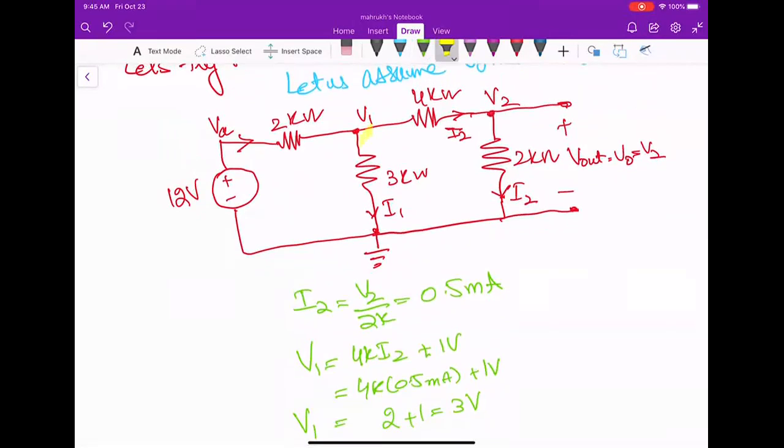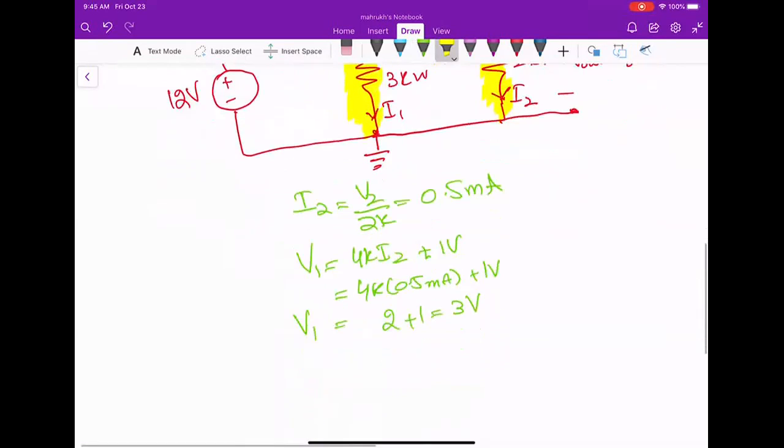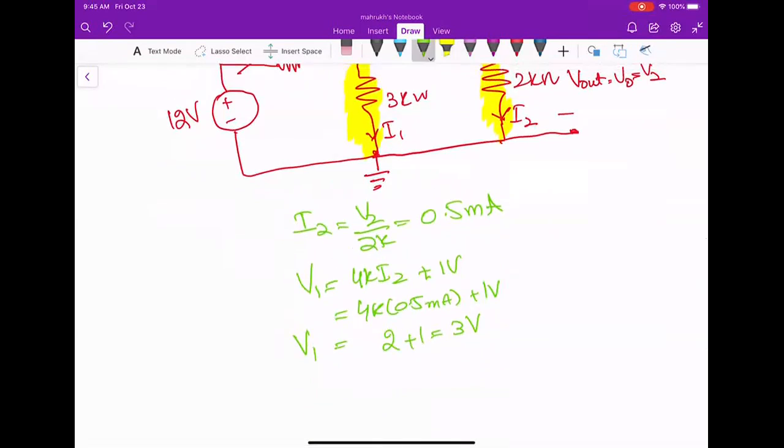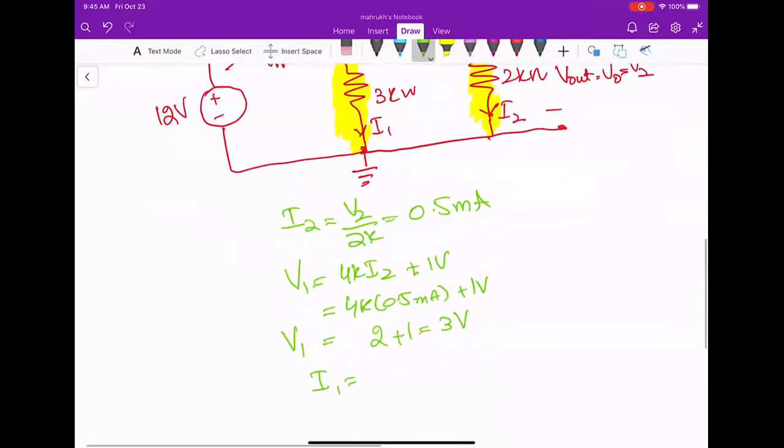What is V1? This voltage or this voltage. Sounds good? Okay. Now I can find I1, and my I1 is V1 by 3 kilo ohms, and that will make it 1 milliamp.